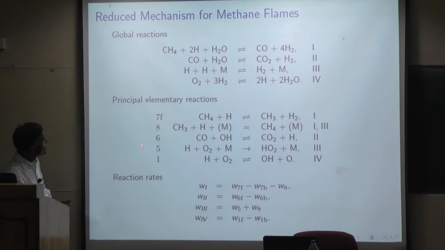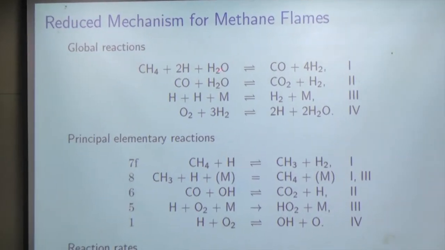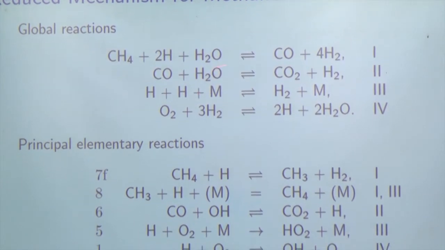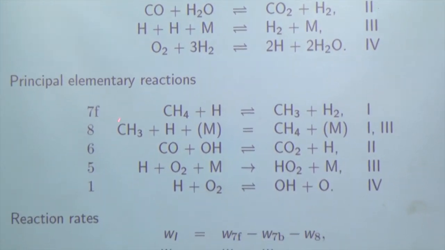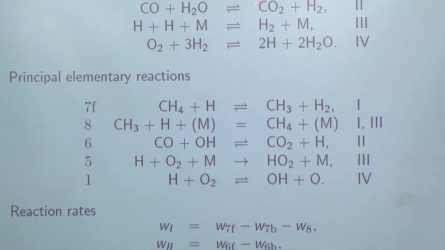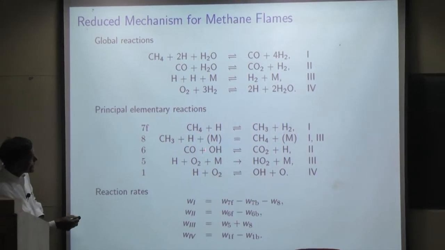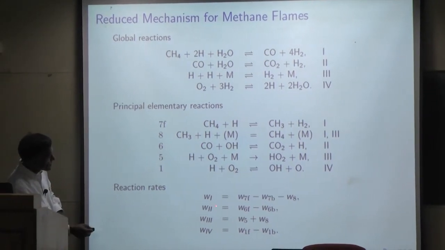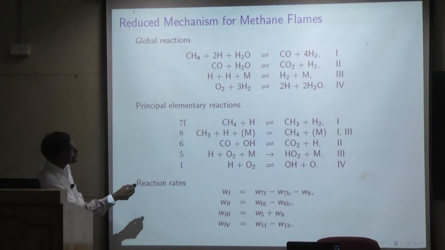Now, as I mentioned yesterday, these are the global rates, and the principal elementary reactions that contribute to the global rates are given here. So these are the two rates which contribute to this global rate, as you've seen here. For this global reaction, it's this elementary rate. This goes backward and forward.